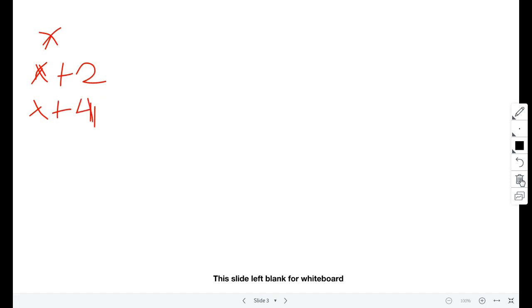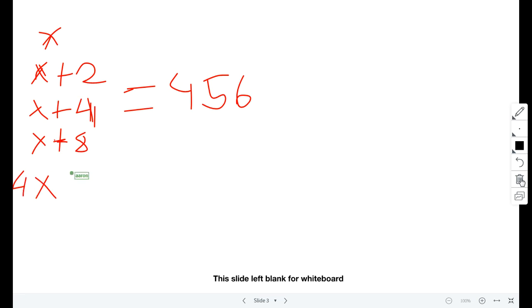Then x plus 8, and that is equal to 456. So 4x plus 14 equal to 456.